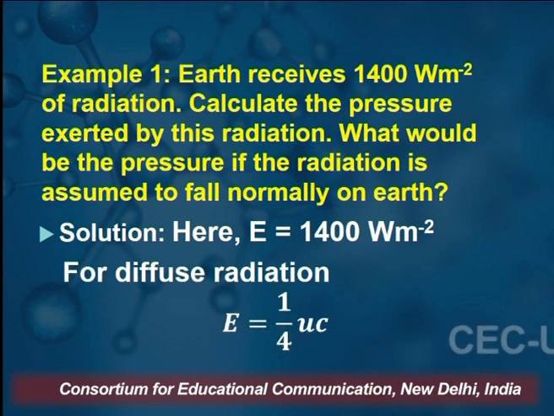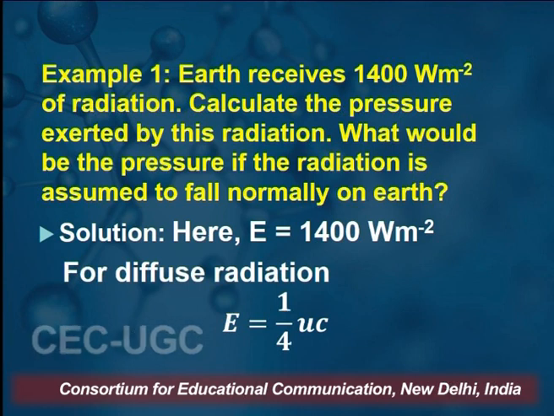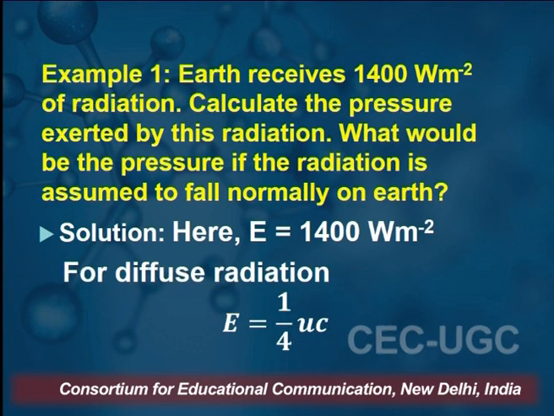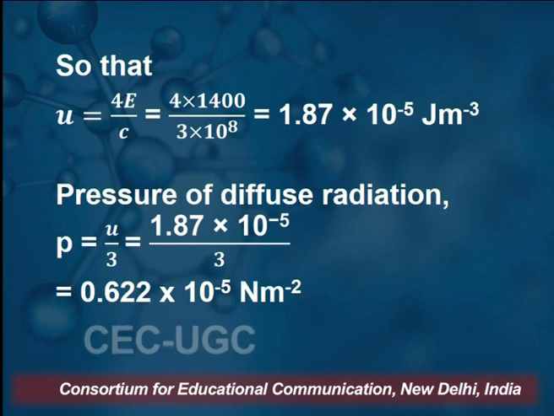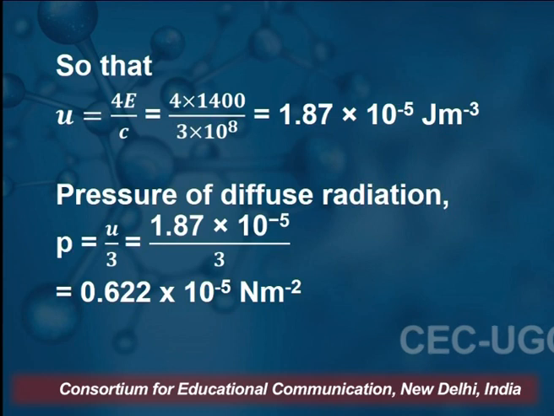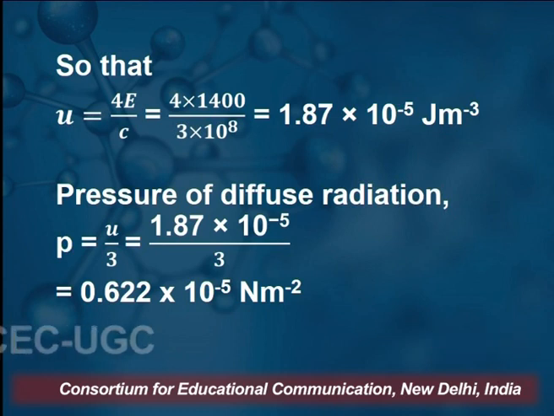For diffuse radiation, we have capital E is equal to 1/4 into small u into C. u is the energy density, C is the velocity of light. So, we have small u is equal to 4 E by C. What is E?